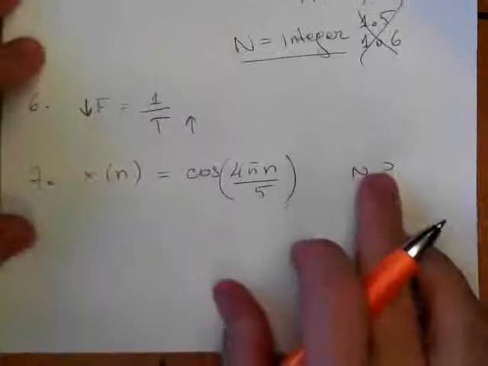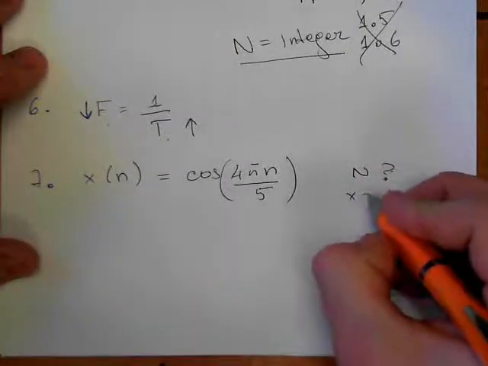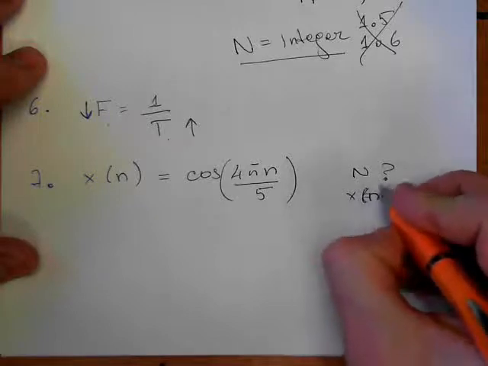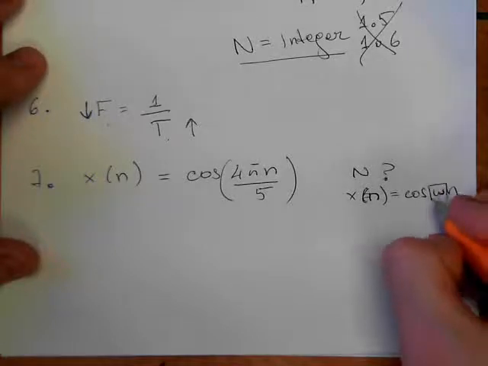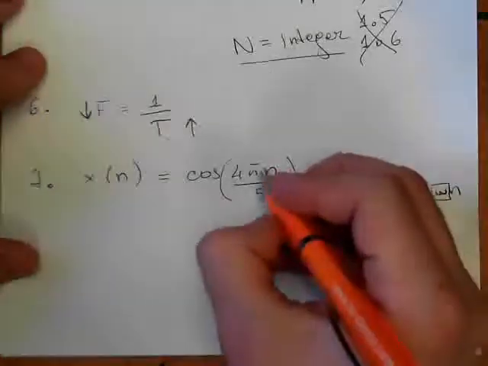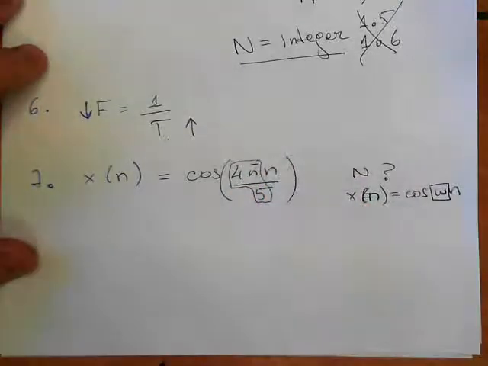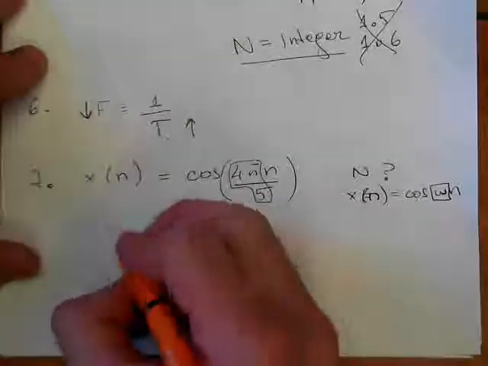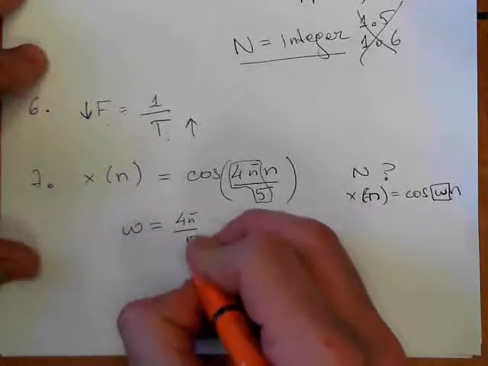What we should know is that the basic equation is x[n] = cos(omega n). Everything that stands in front of n is omega. So we can write that omega is 4 pi over 5.